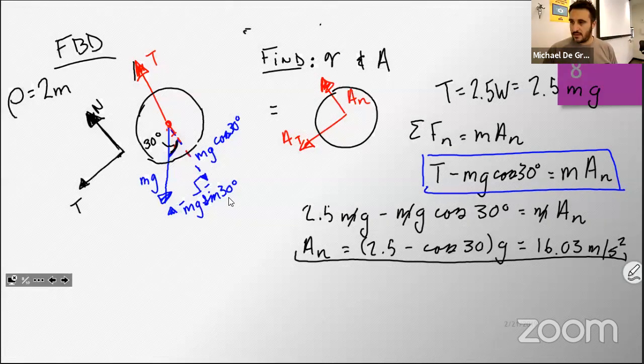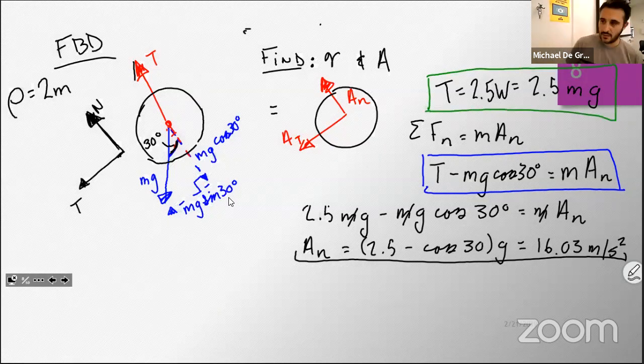We were told in the problem statement that my tension is 2.5 times my weight, which is also 2.5 times mass times gravity, because weight is just mass times gravity. And we plug all of those in: 2.5 times mass times gravity minus mass times gravity times cosine of 30 degrees is equal to the mass times the normal acceleration. And so we can cancel our mass. All right, we can cancel the mass everywhere.